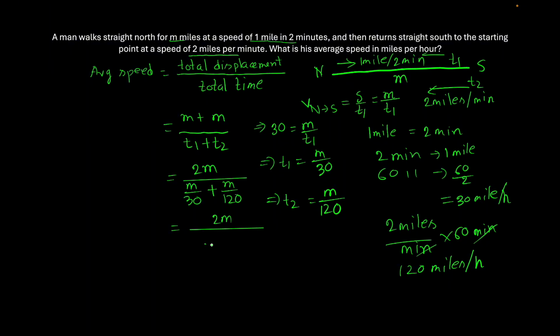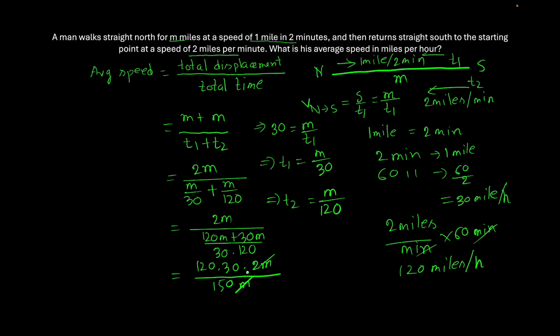So it will be 2m, and if we take the LCM, 30 into 120, it will be 120m plus 30m. So now we can write 120 into 30 into 2m over 150m.